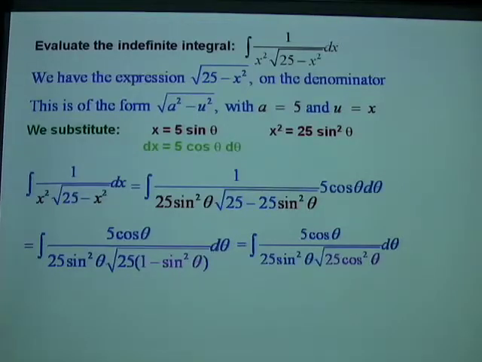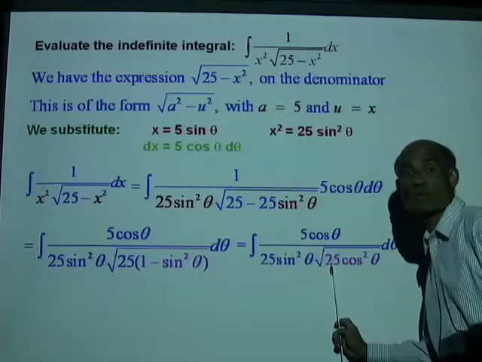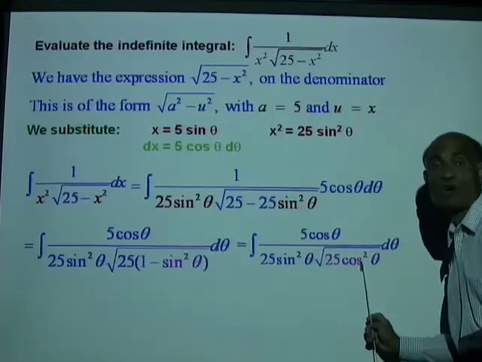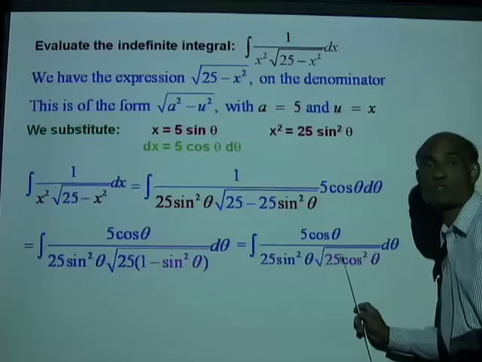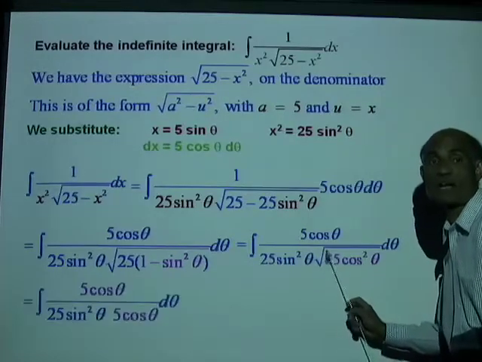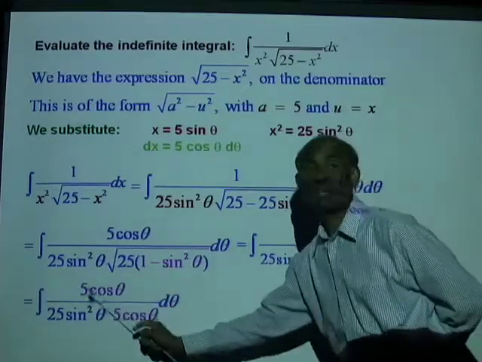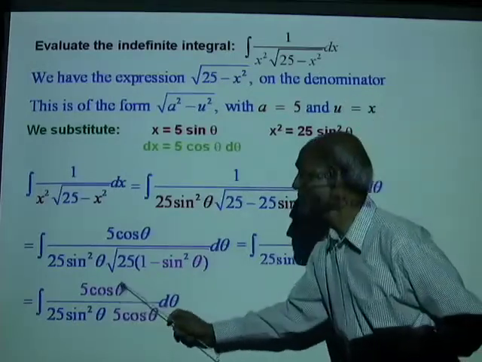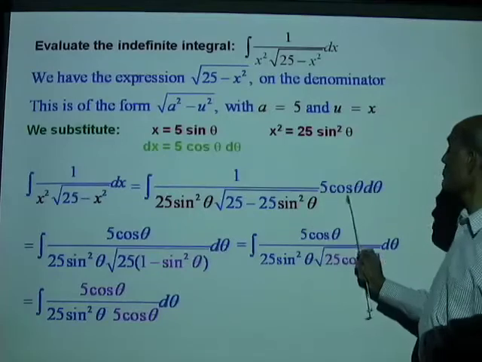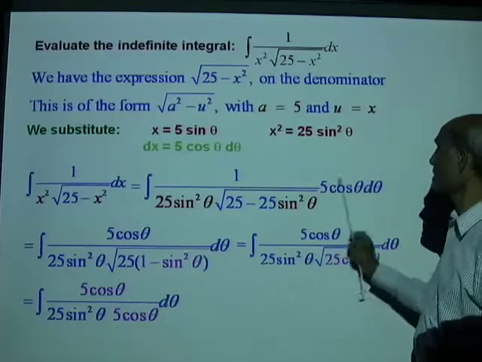Square root of 25 is 5, square root of cos squared theta is cos theta. So we are going to remove that square root sign.